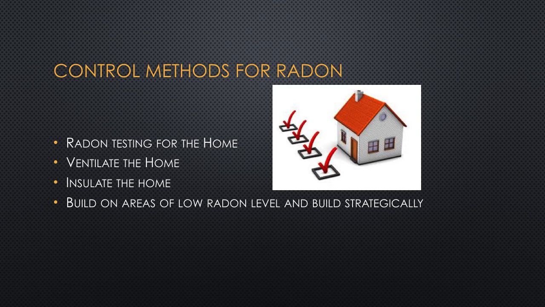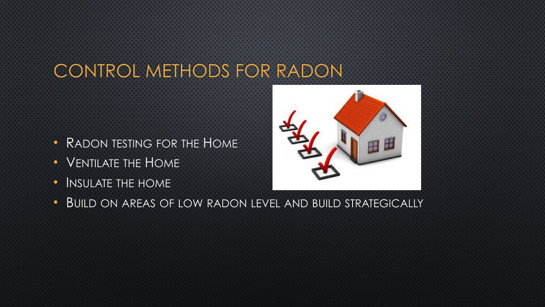Also, insulating the home is helpful in that some insulating materials are resistant against radon and won't allow as much radon into the home. In terms of prevention, in addition to building in areas that have lower radon levels naturally, certain building methods during the construction of the home or building can be helpful to prevent radon from getting into the home.